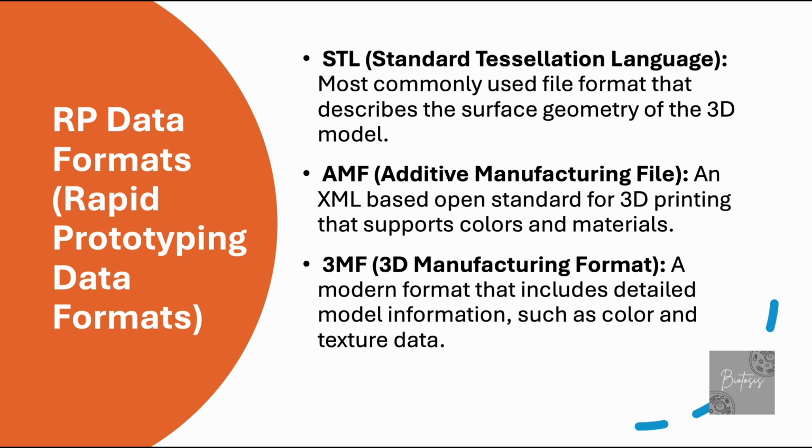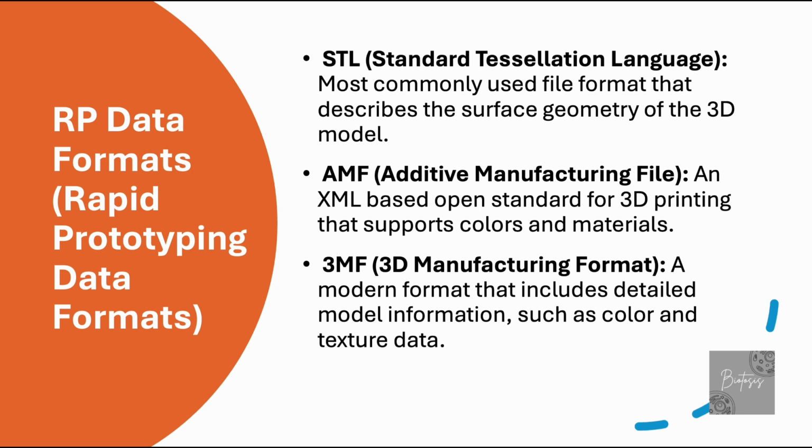Now let's understand what are the files that we are giving to the system. That is RP data formats, which is rapid prototyping data formats. That are STL, AMF, 3MF that we talked about.